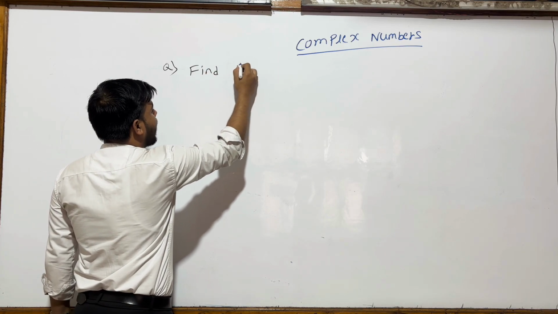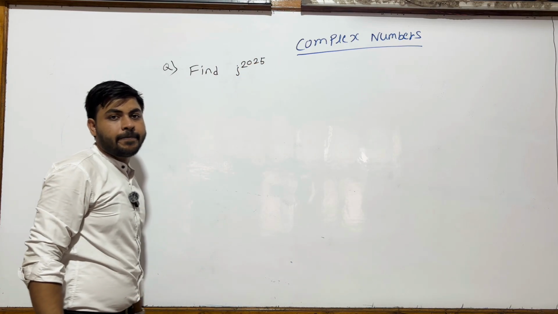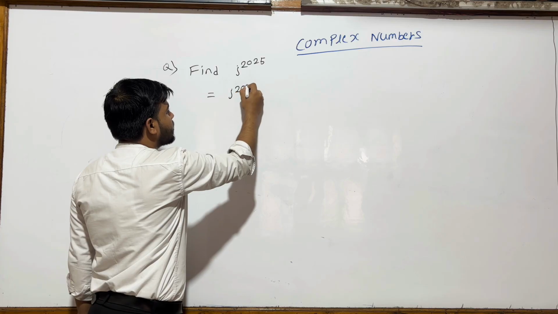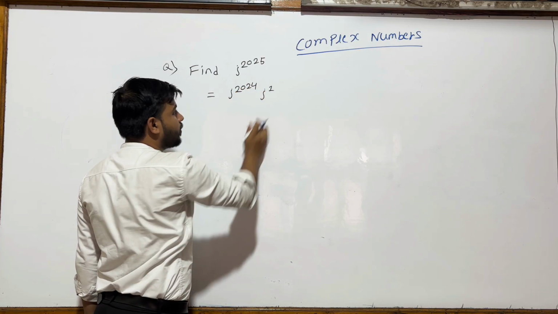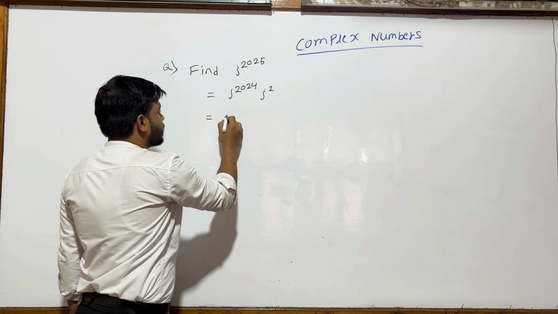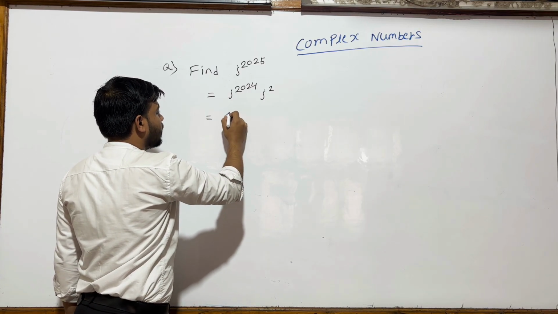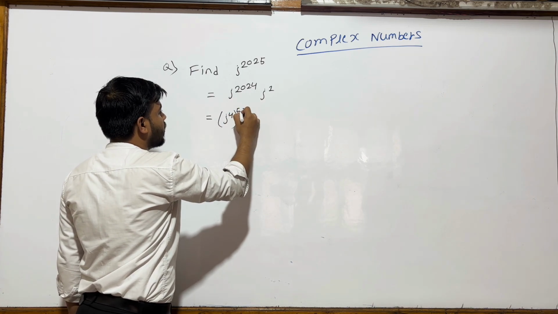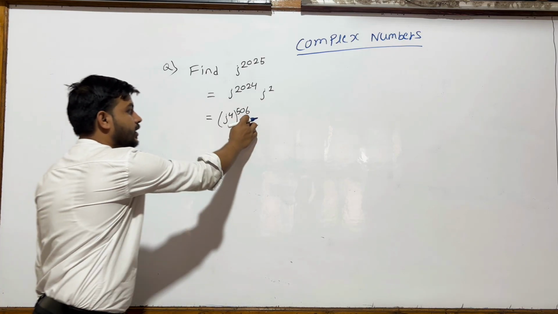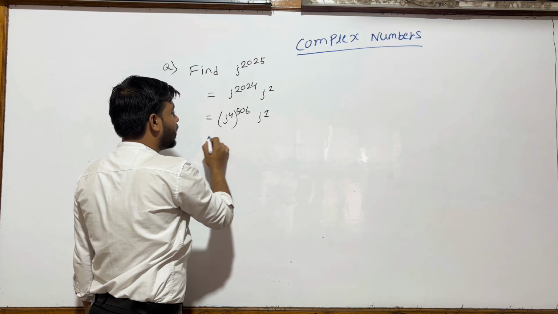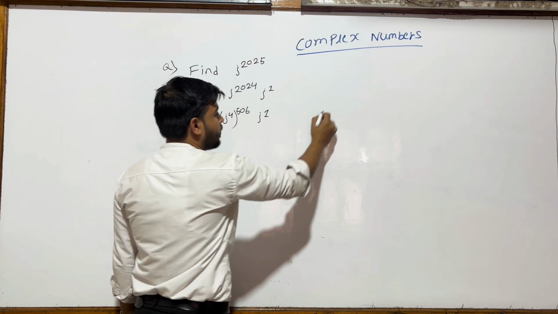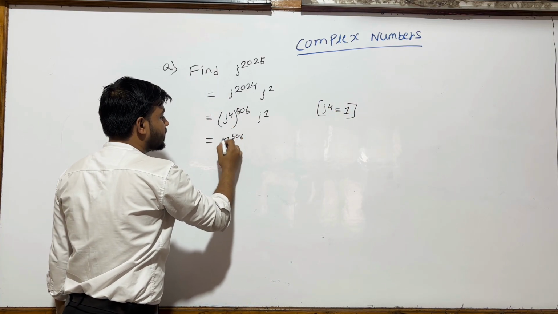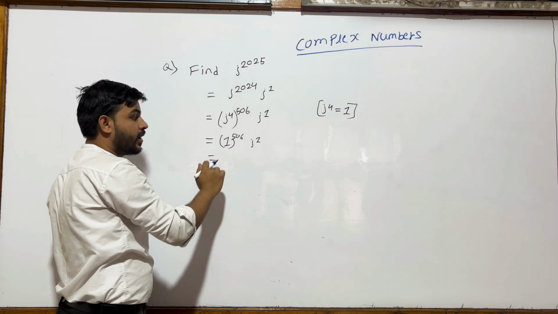Find i to the power 2025. What will be the value of i to the power 2025? We can write it as i to the power 2024 into i to the power 1. So i to the power 2024 can be written as (i to the power 4) whole to the power 506, since 506 into 4 is 2024, into i to the power 1. What is the value of i to the power 4? It is 1. So 1 to the power 506 into i to the power 1. 1 to the power any power is 1.